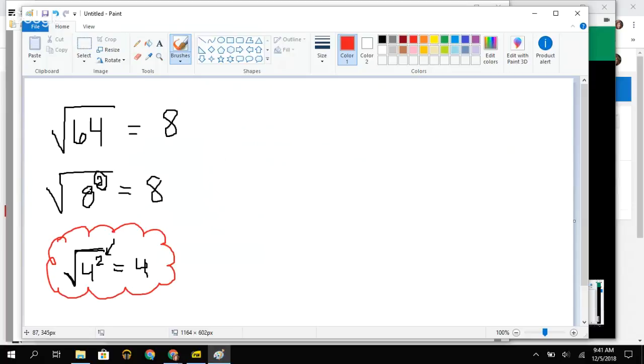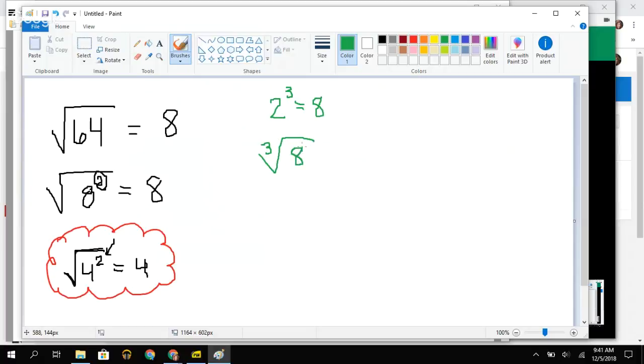But what might be slightly newer is that we can also take higher level roots than just the square root. The number 2 cubed is 8, so you can also take the cube root of a number.